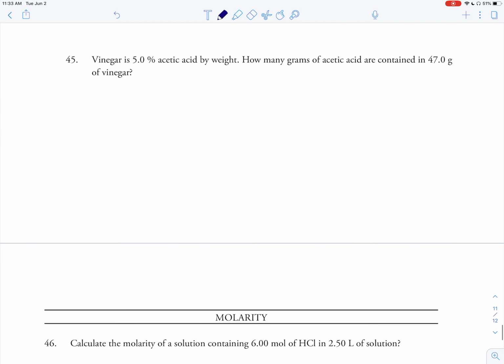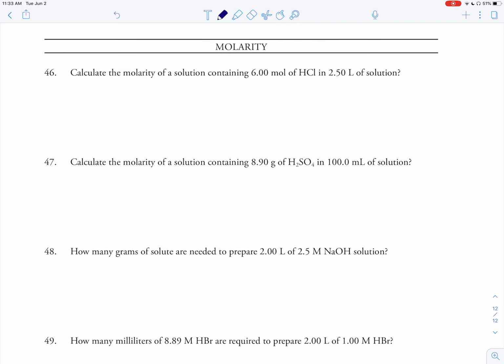And then the last section of this particular workshop goes through how to calculate things like molarity. And if you remember, molarity is a concentration that's calculated as moles of a substance divided by the liters of that solution that substance is made of. And so in this particular case, the moles for this would be 6.00 moles of HCl divided by the total volume of the solution, 2.50 liters of solution.